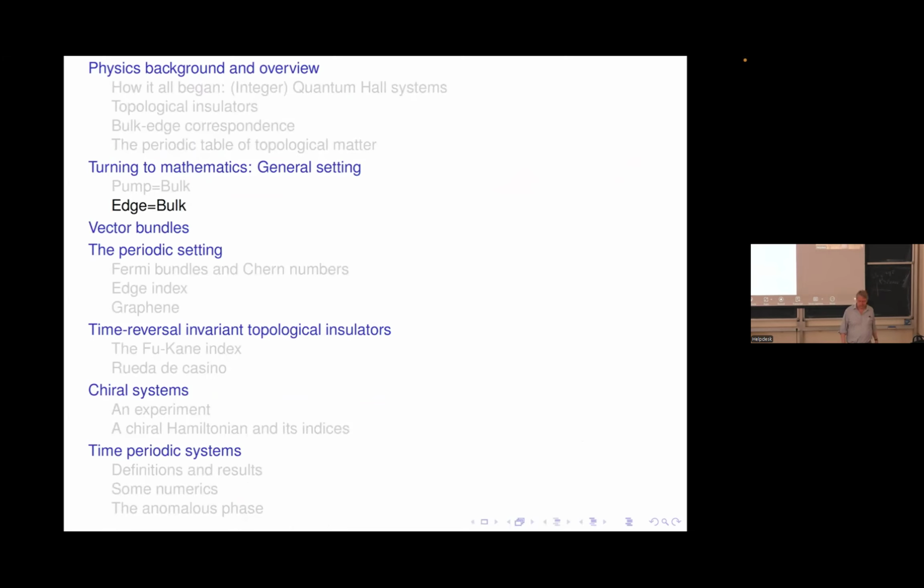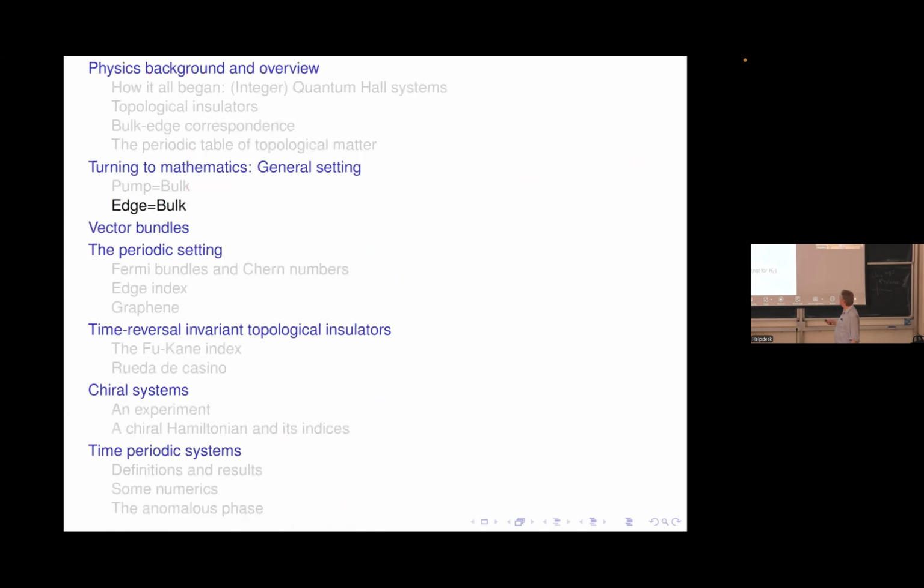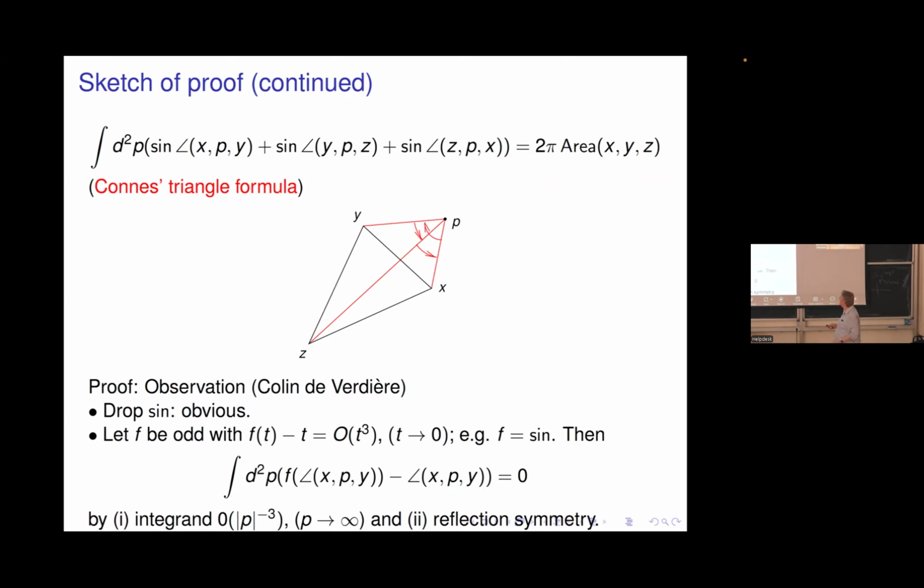Can you repeat again what the characteristic function of the triangle is? Yes. So again, here I'm dropping the sine. If P is outside of the triangle, then the sum of the angles is 0.